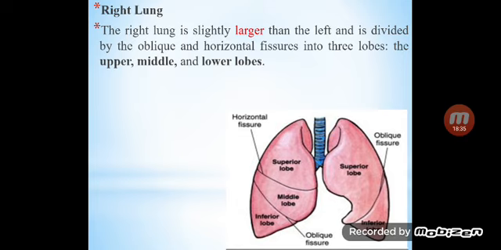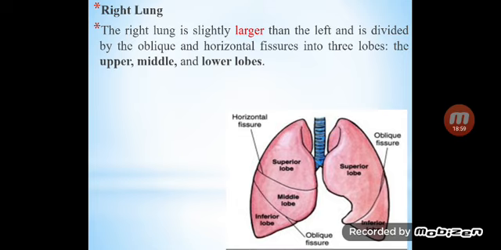These two fissures, as you see here, divide the right lung into three lobes: upper, middle, and lower. Okay?